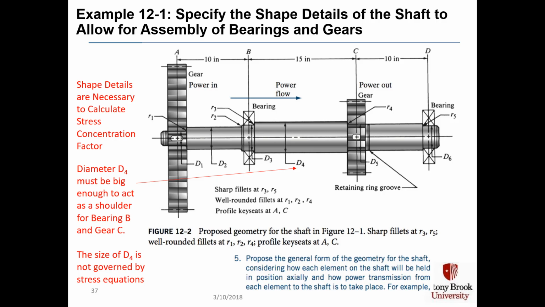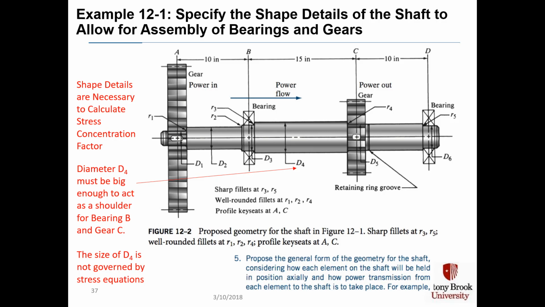Diameter D2 acts as a shoulder that allows us to rest the gear up against. We then move along to radius 2, little R2 shown here. That is a well-rounded fillet radius.